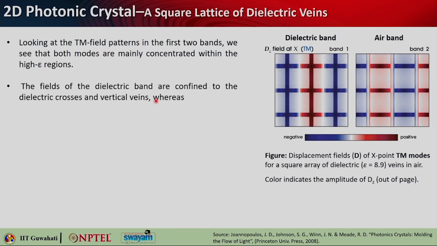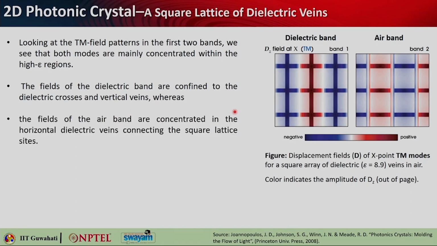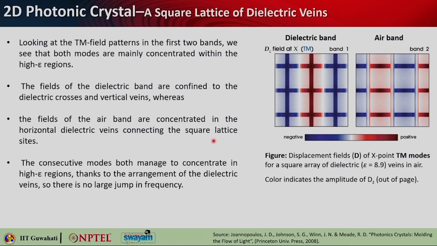The fields of the dielectric band are confined to the dielectric crosses and the vertical veins, whereas the fields in the air band are concentrated mostly on the horizontal ones. Along the vertical veins you have less field concentration, whereas the field concentration is very strong along the horizontal ones. These are basically the veins connecting the square lattice sites.